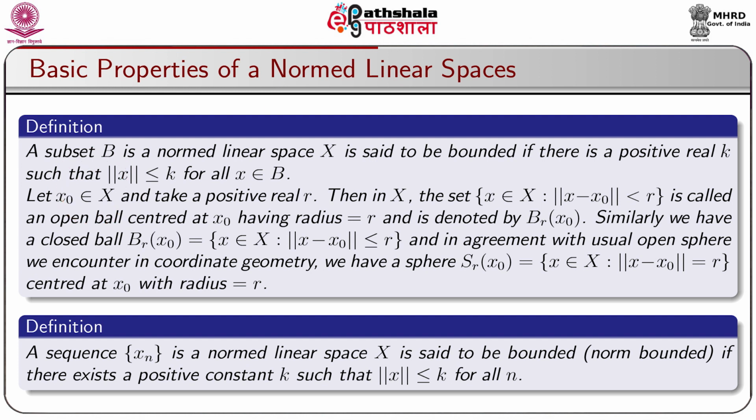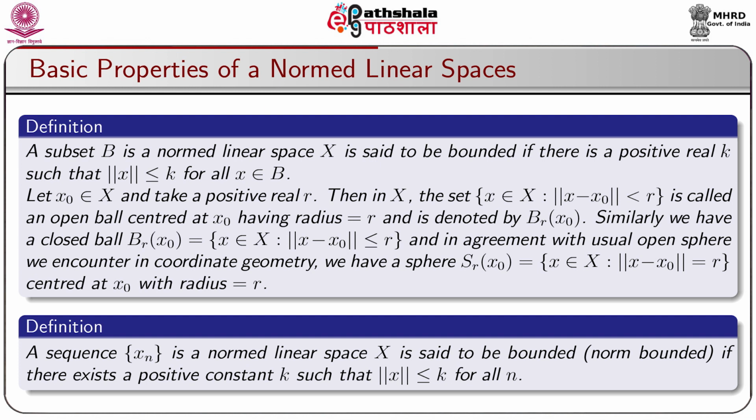Then in X, the collection of all elements x belonging to X such that norm of x minus x naught is strictly less than R is called an open ball centered at x naught having radius R, and is denoted by B_R(x naught). Similarly, we have a closed ball B_R[x naught], equal to the collection of all x belonging to X such that norm of x minus x naught is less than or equal to R.